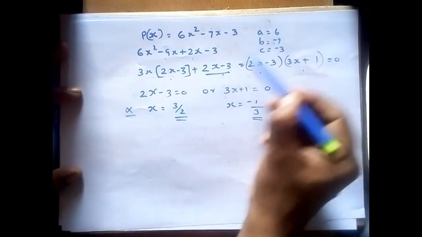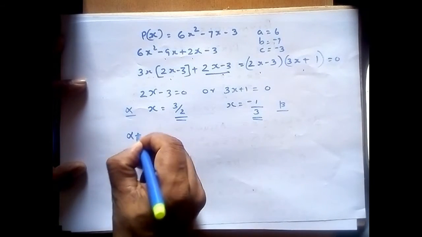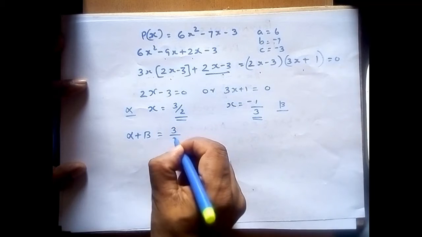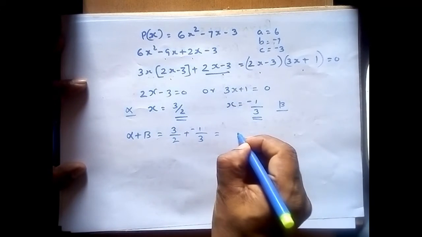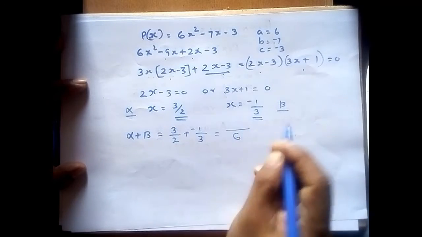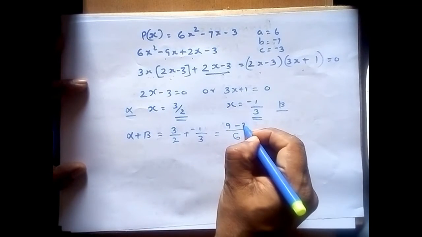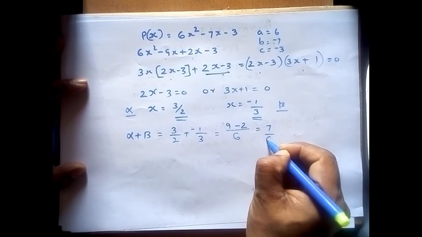Now let us see whether this rule works out here. What is alpha plus beta? Alpha plus beta is equal to 3/2 plus -1/3 is equal to, 6 is common, so 9 minus 2, is equal to 7/6.